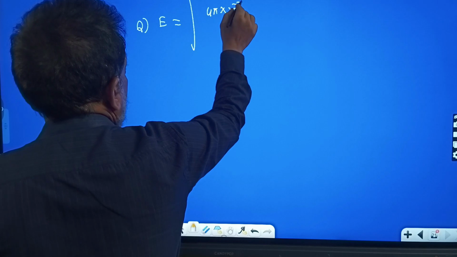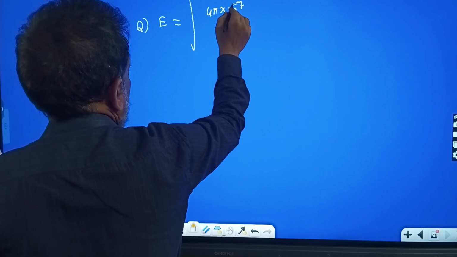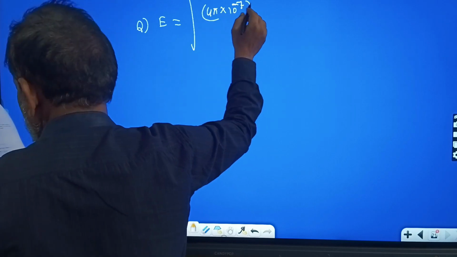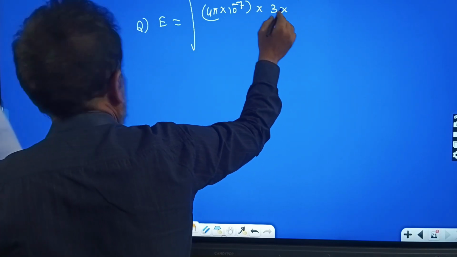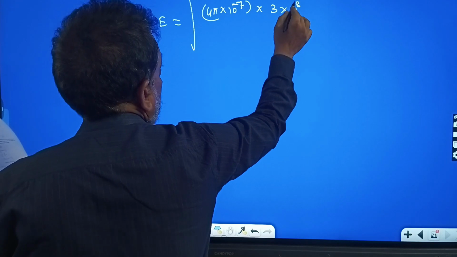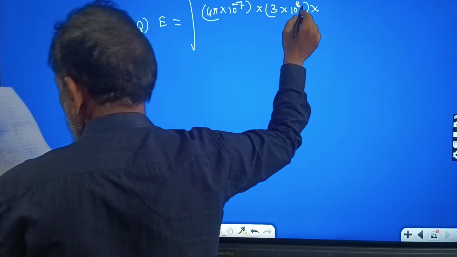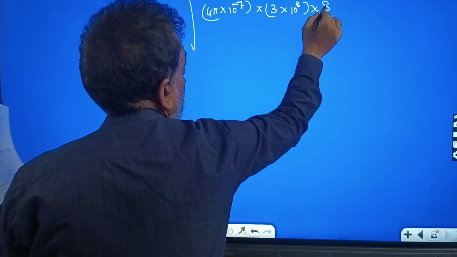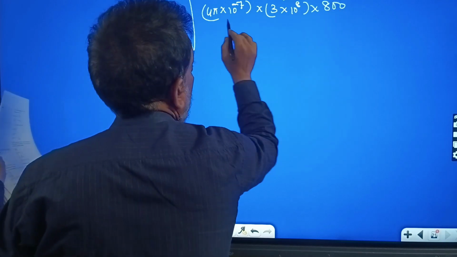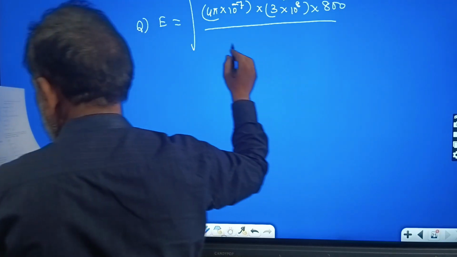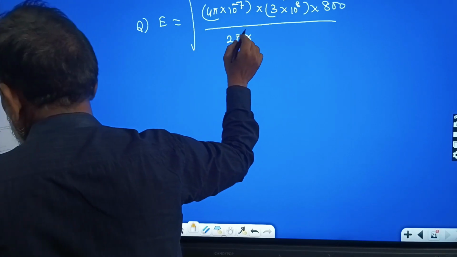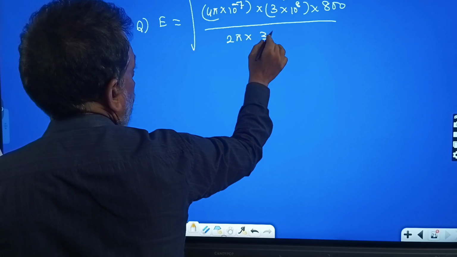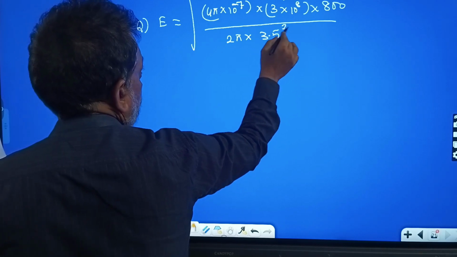You might know this value, all of you know. Into 3 into 10 to the power of 8, into 800, whole divided by 2 pi into 3.5 square. Give the value.